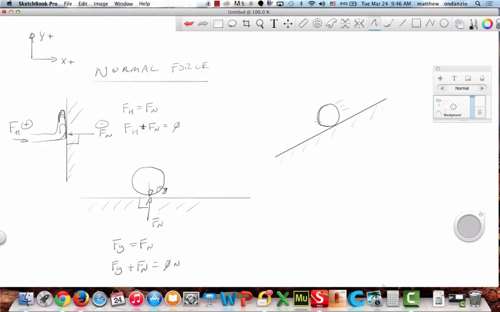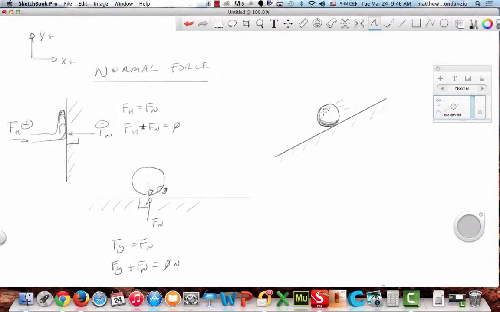Do I have a normal force? Yes. Why? How do you know I have a normal force? Because you still have an object resting on it. Yeah, the object is not going through the floor, right? I mean, what direction does gravity? What direction is my gravity force in this example?